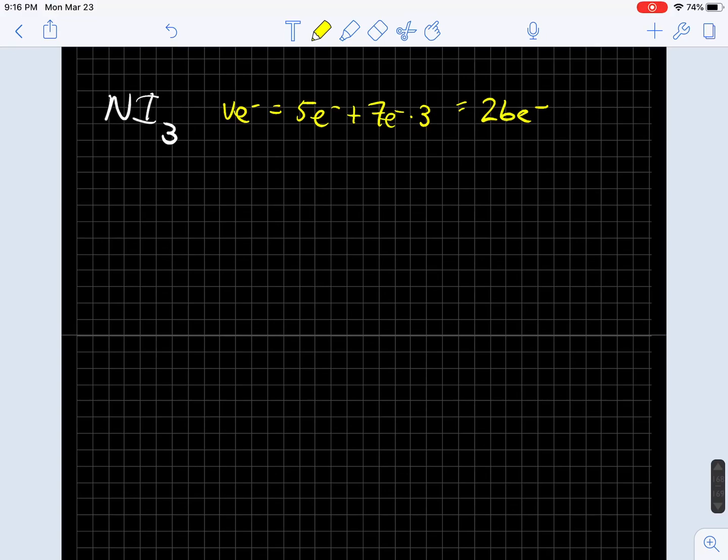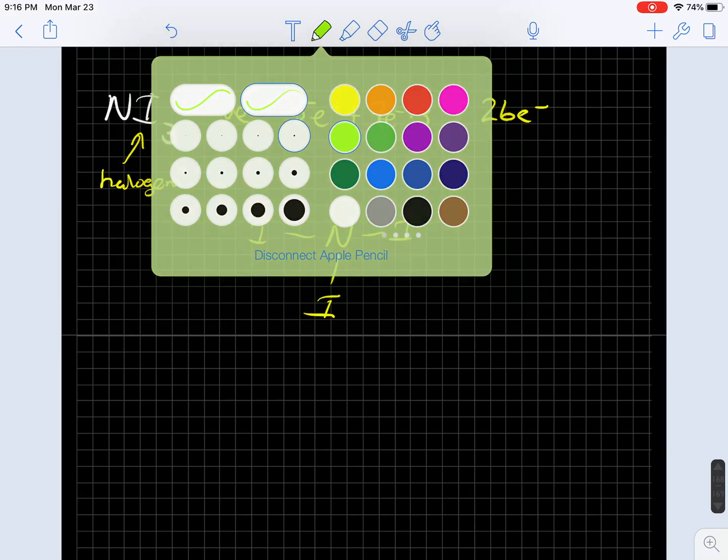So which one is going to be the central atom? The iodine is a halogen, and halogens can only form one bond. There are some exceptions, by the way. The bigger the atom, the more likely it is that it can form more than one bond. So iodine and bromine can be exceptions, but we're going to put nitrogen in the middle, and we're going to surround it with the 3 iodines.